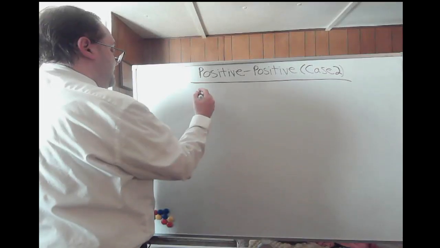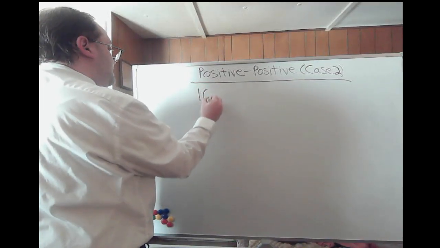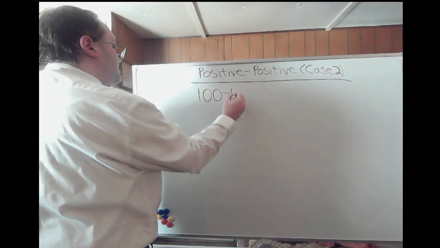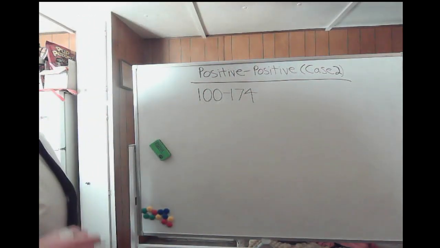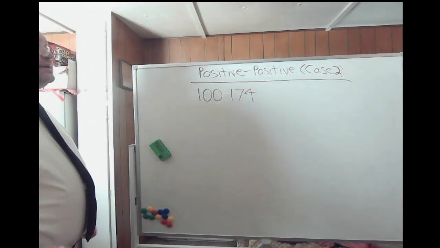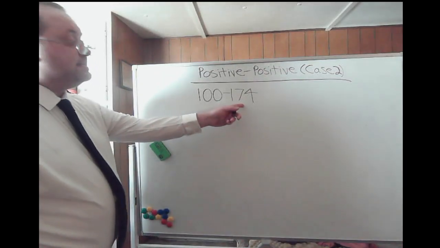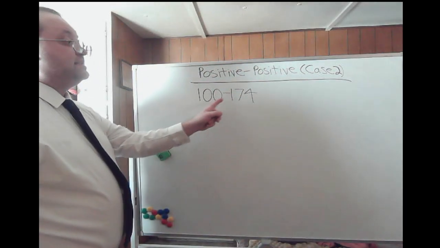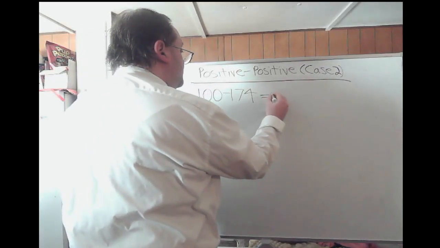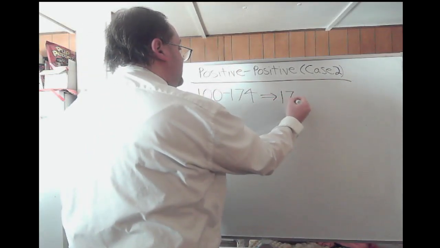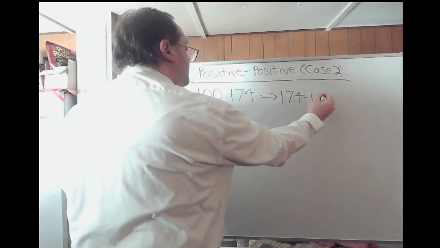Alright, let's say we have 100 minus 174, right? What you got here, again, it's a positive minus a positive, but the first number is less than the second number. So what you could temporarily do is switch places, make this 174 minus 100.